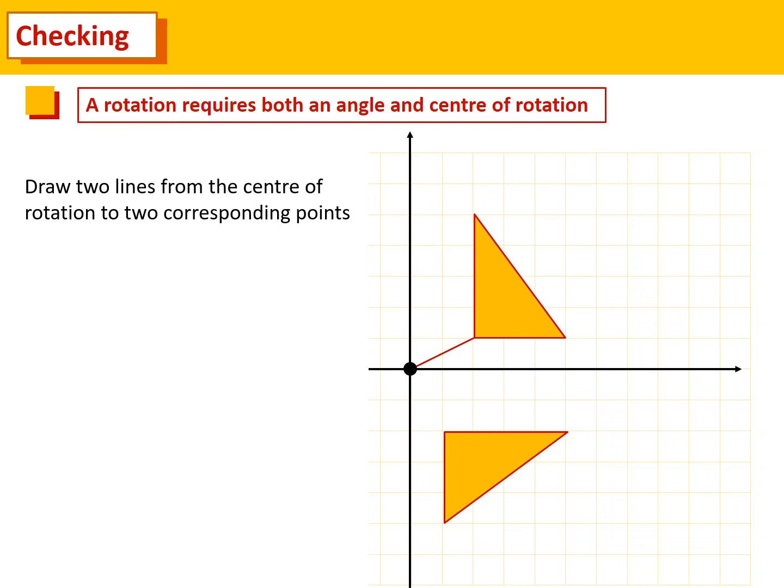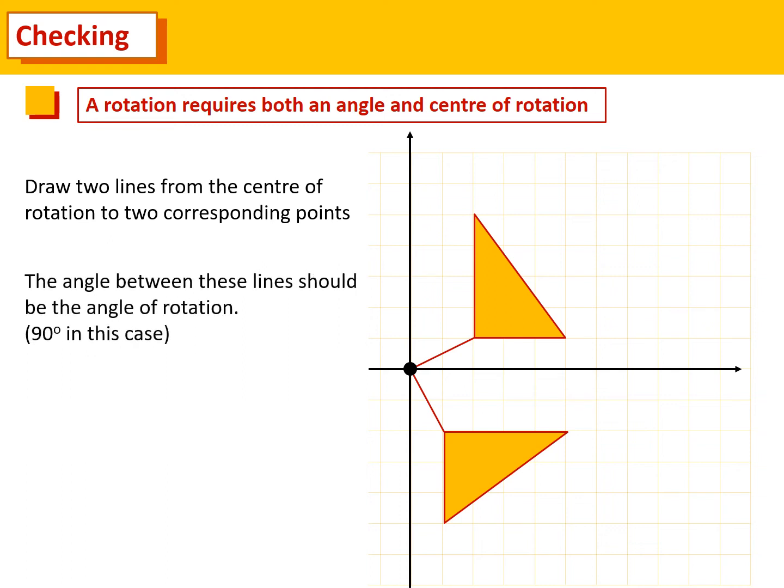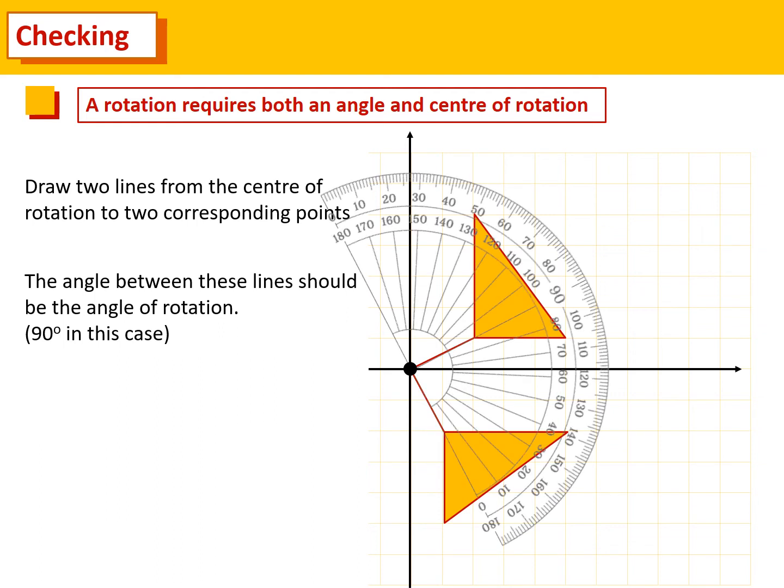We draw a second line from the center of rotation to the corresponding point on the image, which would be that point there. And the angle between those two lines is the angle of rotation. So if we get our protractor, we can see that that angle is indeed 90 degrees.